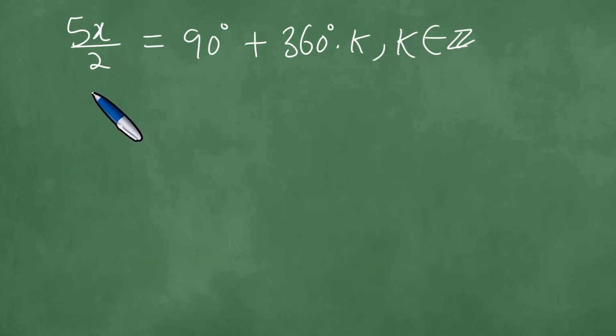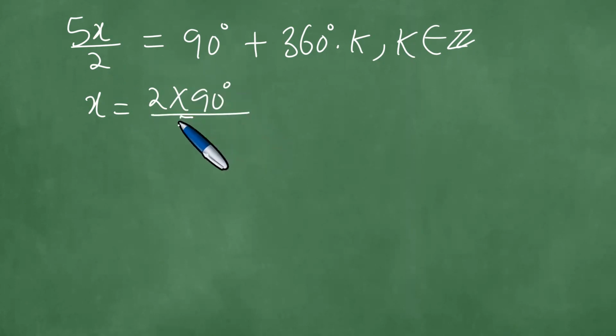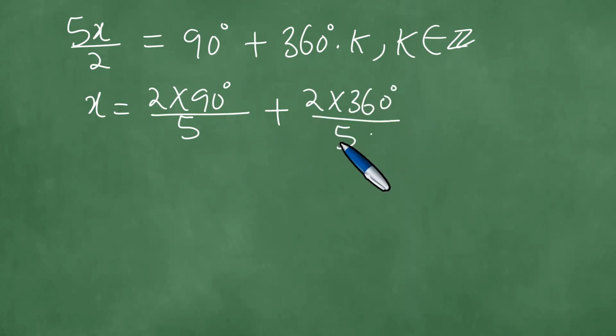Which means we have the following. x equals, we multiply 90 degrees by 2, divide by 5, plus we cross multiply, so we multiply 360 degrees by 2 as well, and divide by 5.